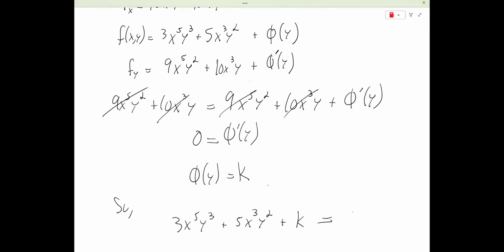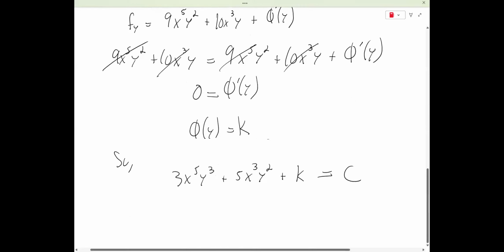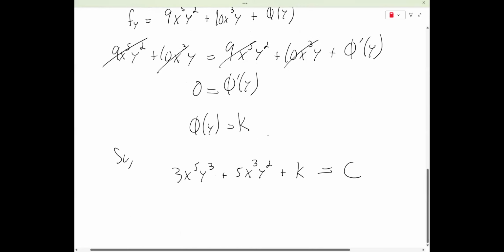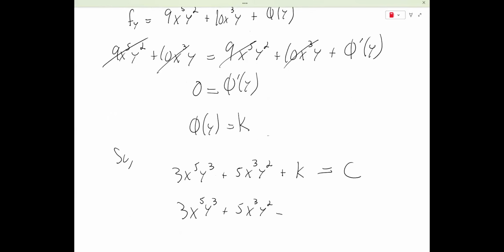But then this is equal to some constant c over here. The k can be 0, or you could move the k over to this side. So you get 3x to the 5th y cubed plus 5x cubed y squared equals c, a constant.